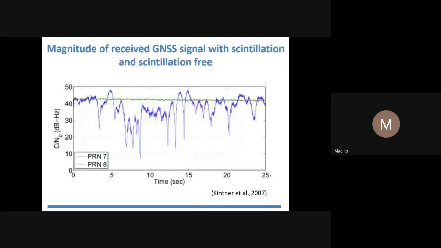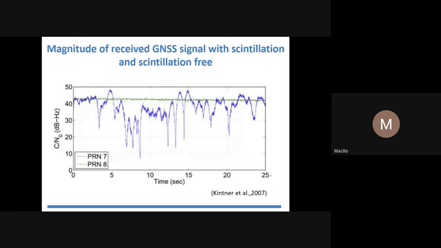This slide shows a measure made in a station in São José dos Campos. The signal was measured from two satellites, PRN7 and PRN8.